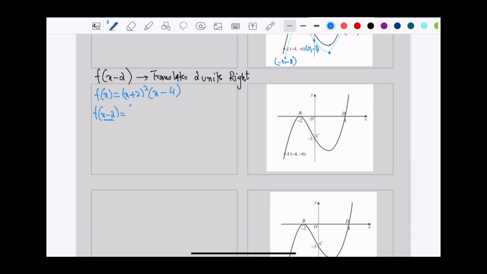So instead of x, I replace it with x minus 2 in the bracket plus 2, which was outside, times with x minus 2 minus 4.